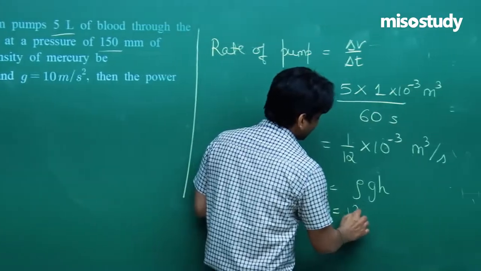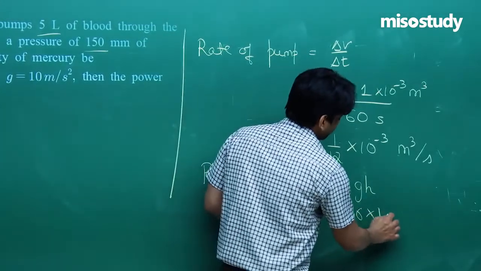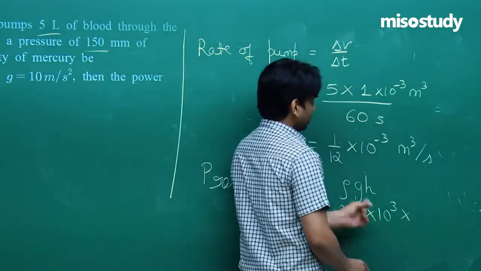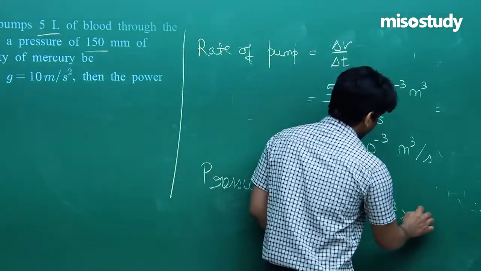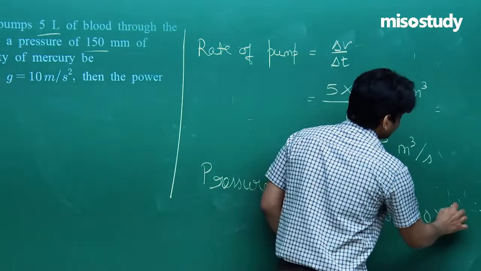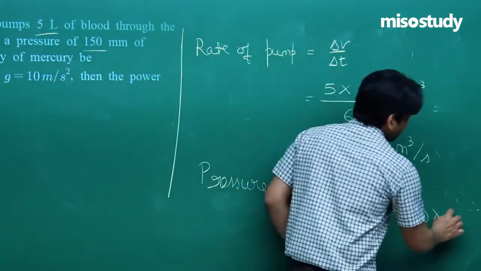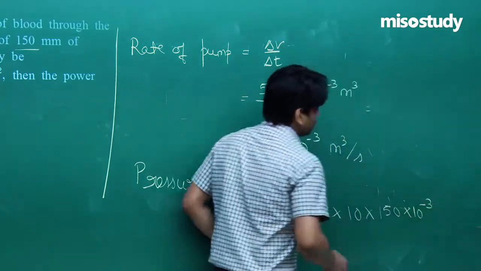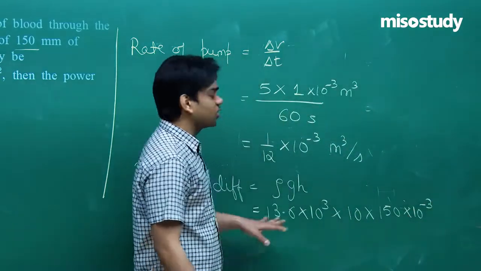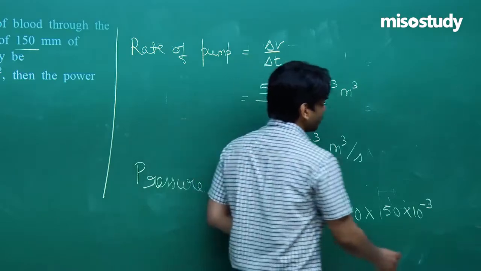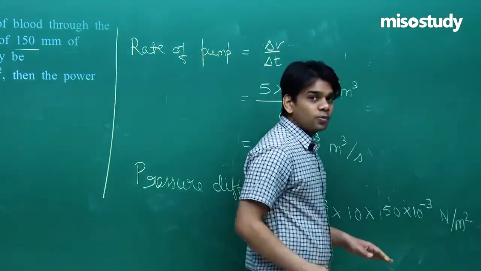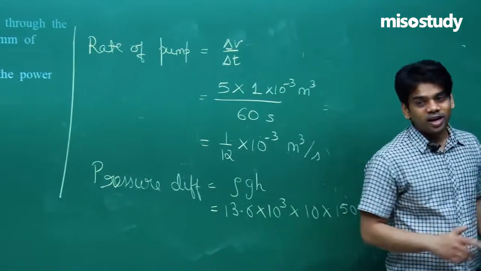So express this as 13.6 into 10 to the power 3, that is the value of rho, multiplied with g, that is 10, and h is 150 mm, that can be written as 150 into 10 to the power minus 3 meters. So you are going to get the pressure difference in standard units, that is Newton per square meter. Hope that you have obtained this value, how we have done it.